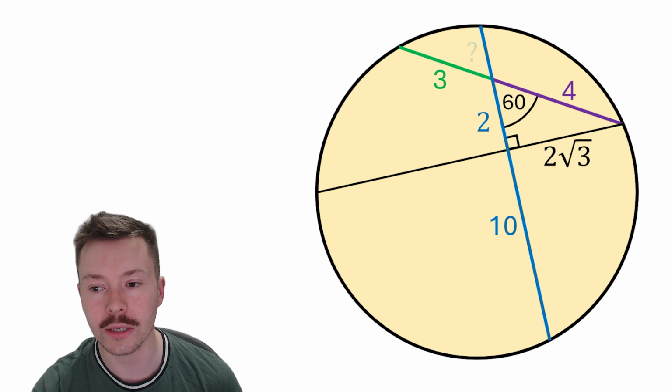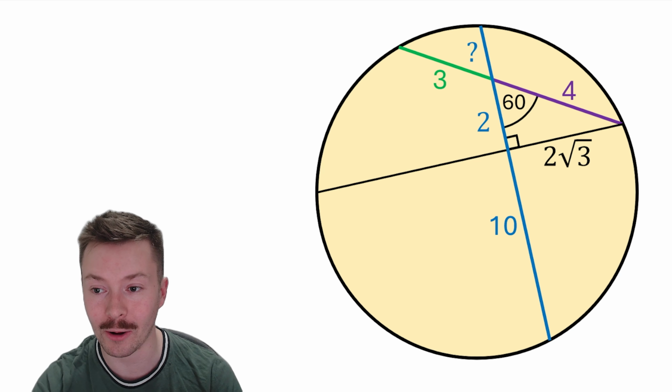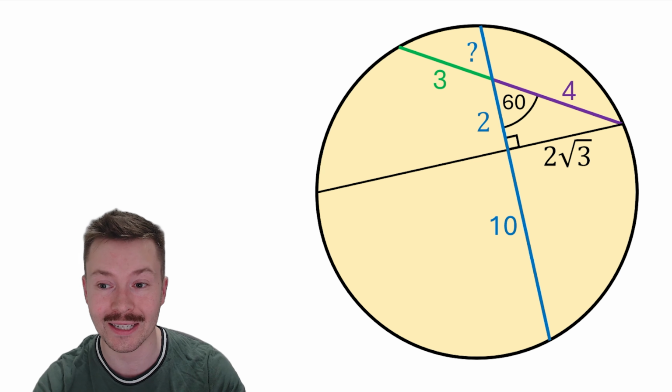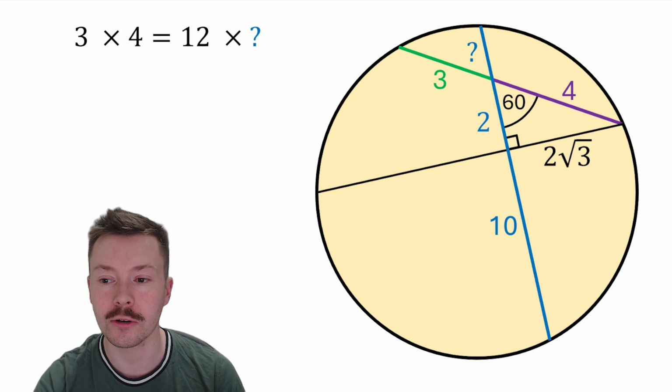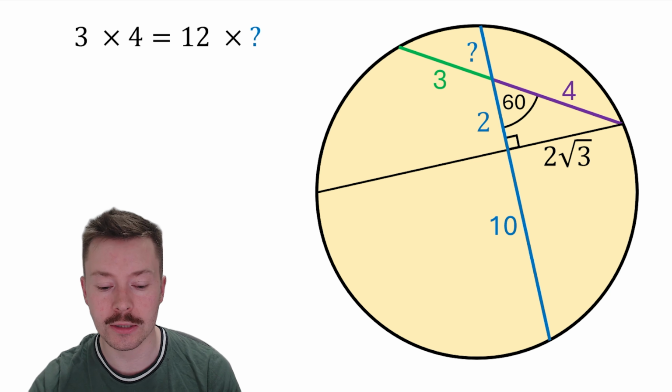What that means is that I can work out this extra bit, the bit that I've just extended that blue line, and I can do that by doing 3 times 4.